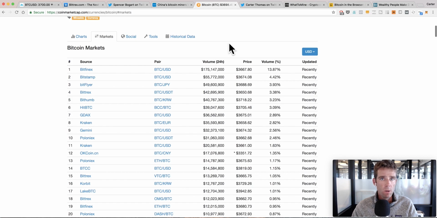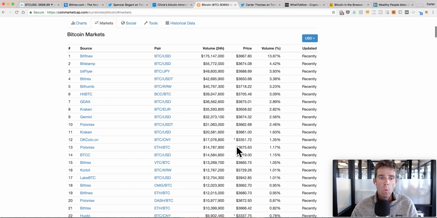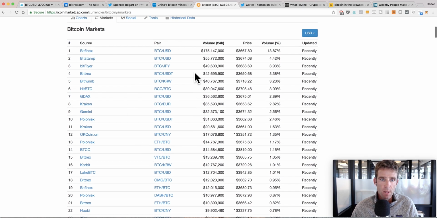So of all the Bitcoin in the world that's being traded on an exchange right now, Bitfinex is accounting for 13.87%. Bitstamp is 4.4%. When you look at this, you can go and look up where these exchanges are located, which some of them are public, some of them are not.